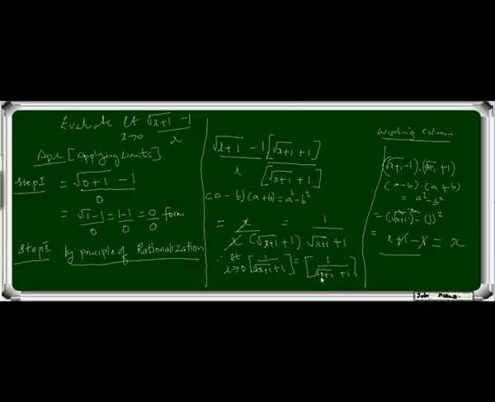Now 0 plus 1 is 1, root of 1 is 1, so 1 plus 1 gives me 2. Maybe I'll write down what I just told. This is going to be 1 over root of 1 plus 1, which is 1 over 1 plus 1, which is 1 over 2, which is the solution.